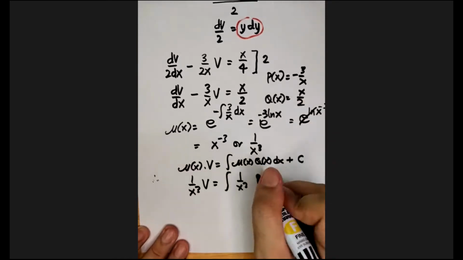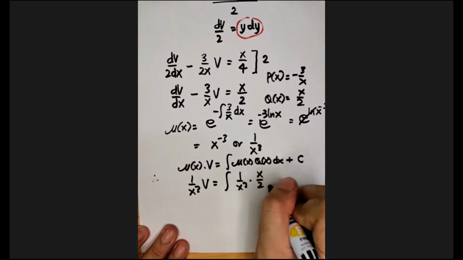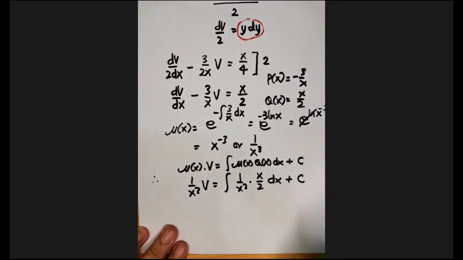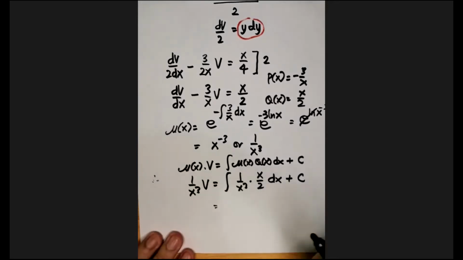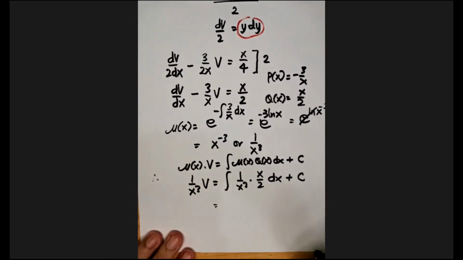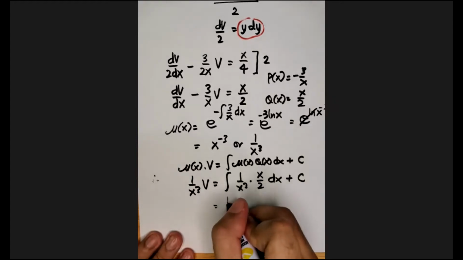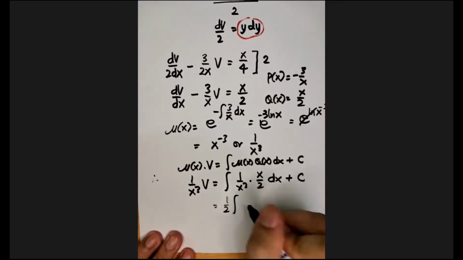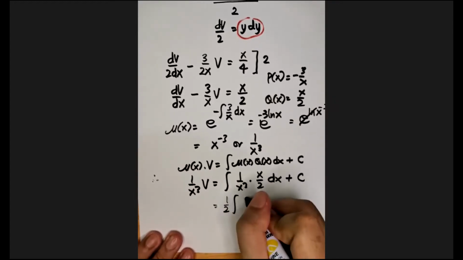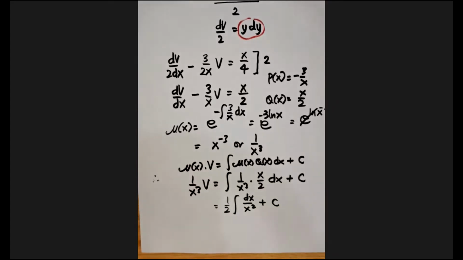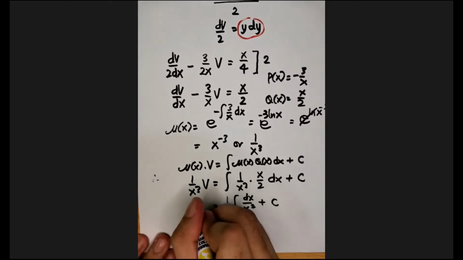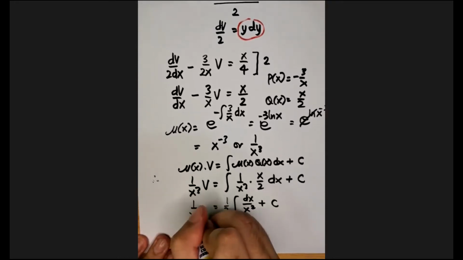Q of x is this one. So times x over 2 dx plus c. Ayan. So ito ay 1/2 the integral of dx over x squared plus c.